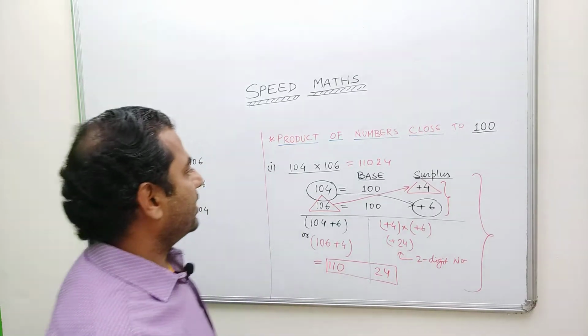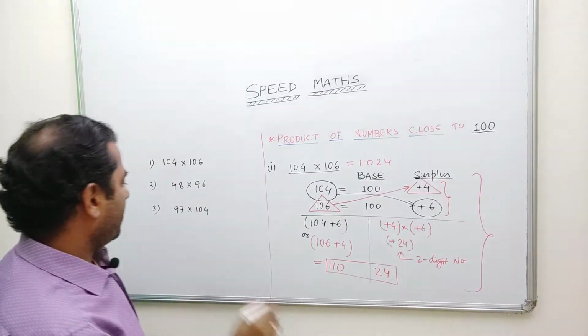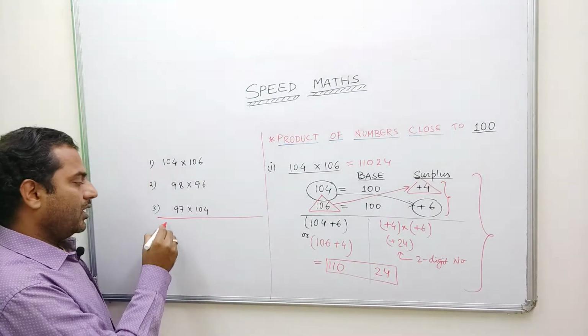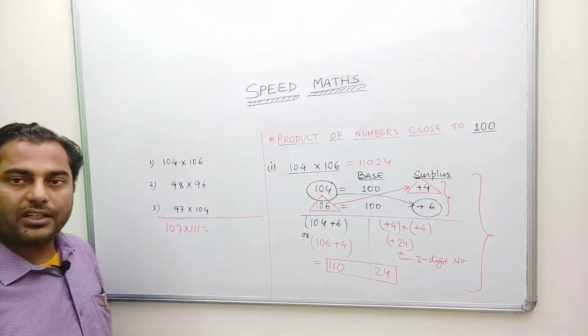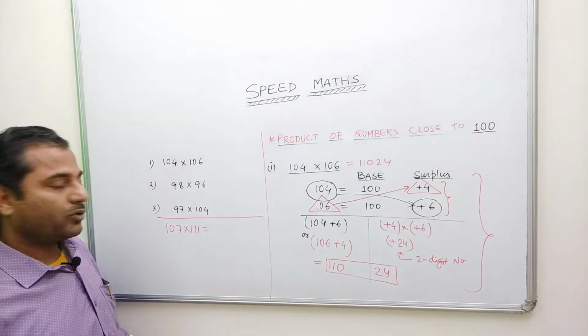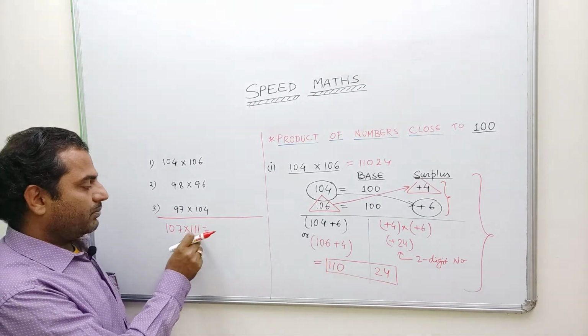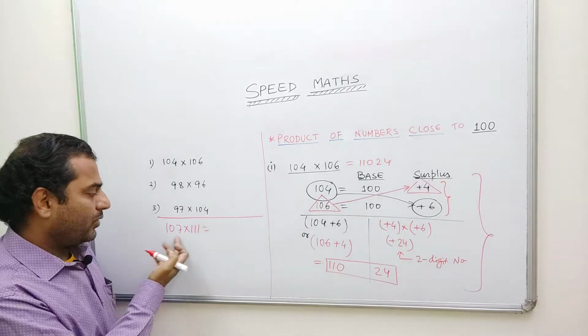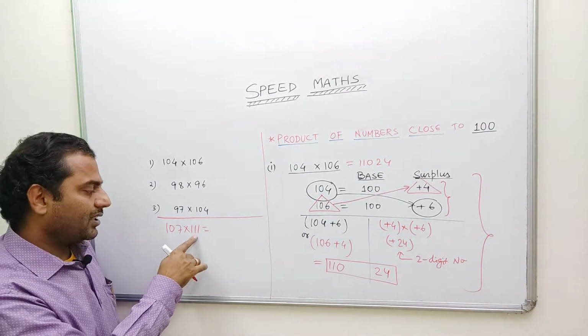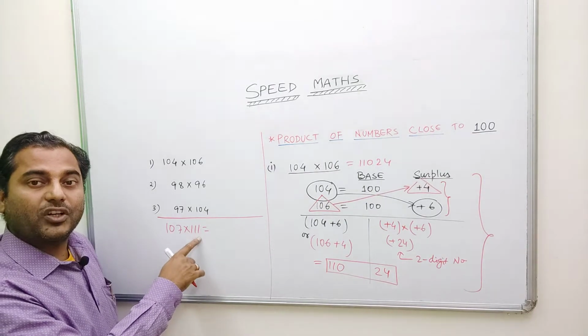Now let me take some examples here. If I say 107 into 111, both these numbers are more than 100. I have deliberately taken both of them to be more than 100. If I take 107 as the first number, the other number 111 has a surplus of 11.